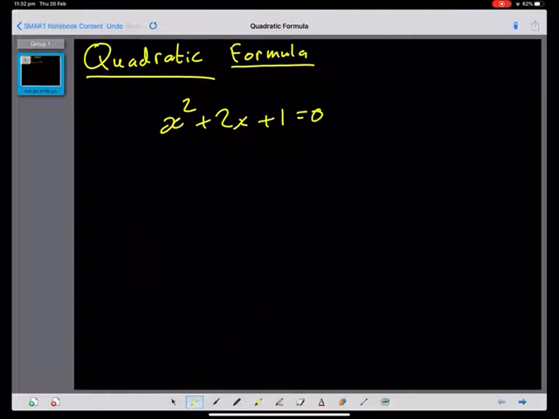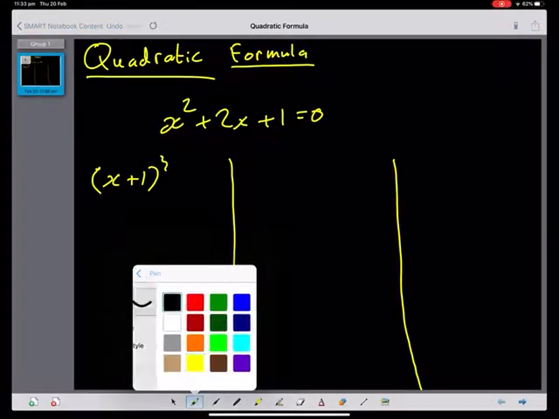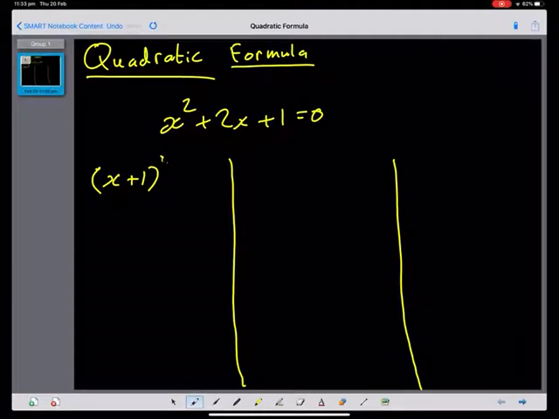Let's use basic factorization. So I'm hoping we can all see that this factors just like this. It's not a factorization lesson.